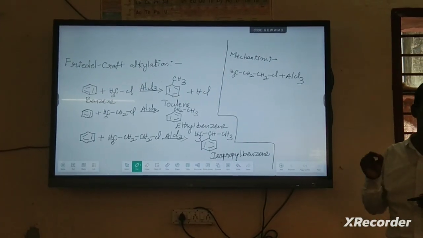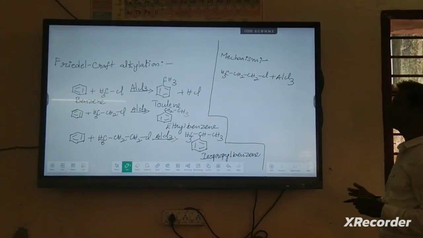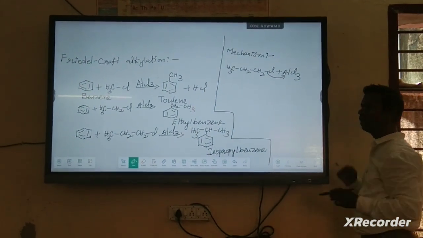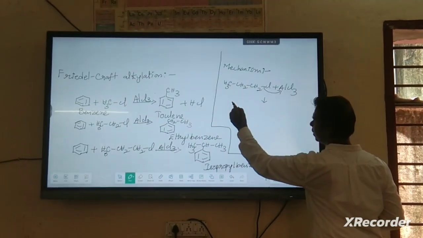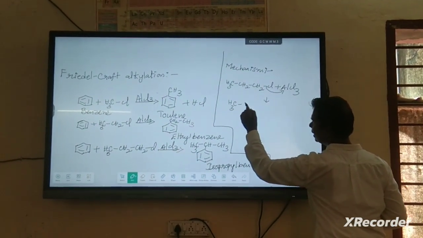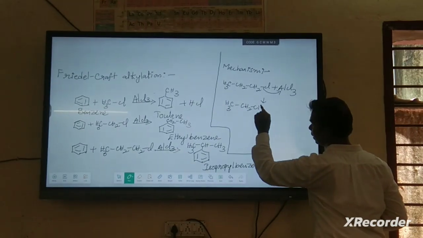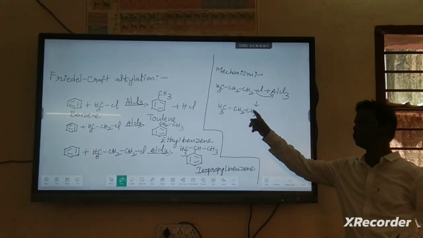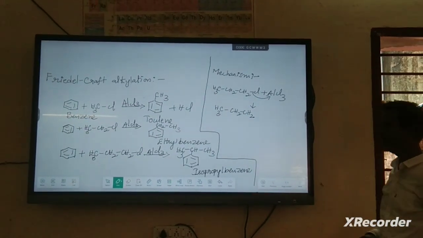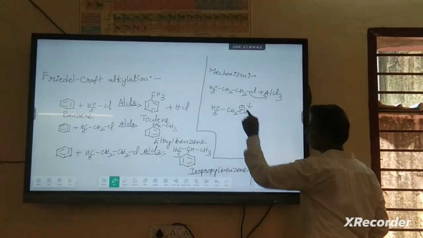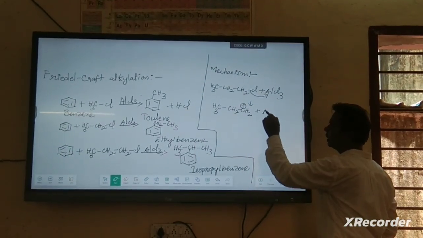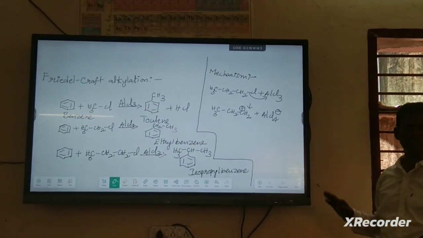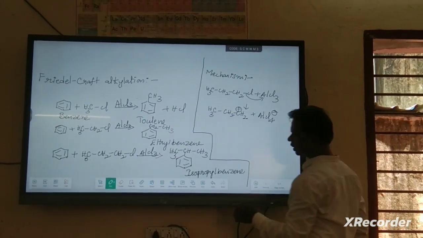Lewis acid is electron deficient, and it takes electrons from the chlorine, and it forms CH3 CH2 CH2 plus, and you are going to get AlCl4 minus.